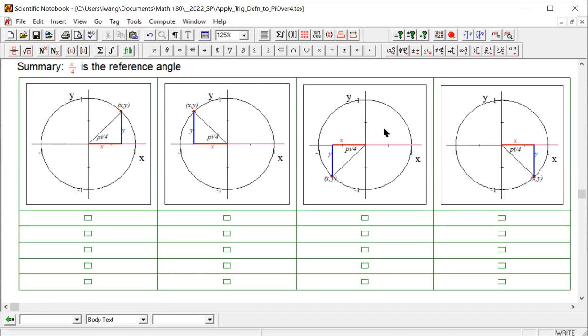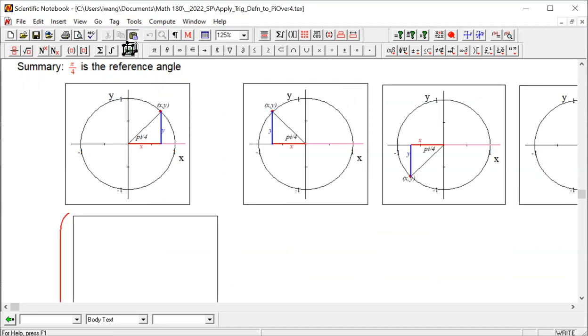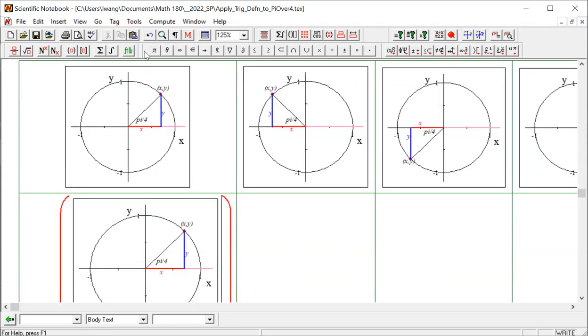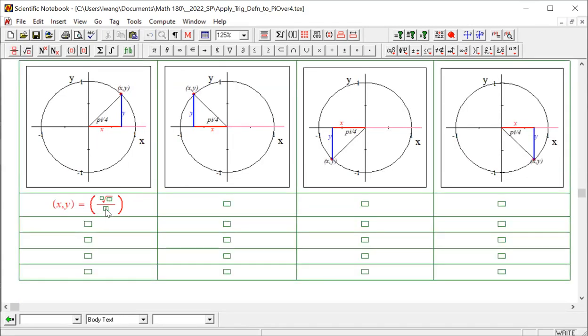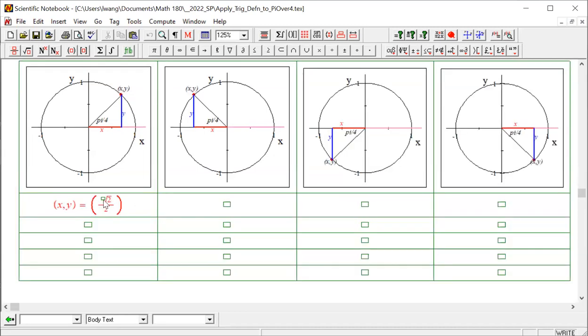And here we summarize these 4 cases. The point x, y in this case would be root 2 over 2, when any angle terminates on this same terminal.